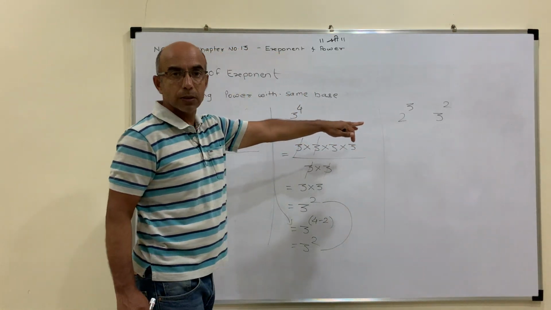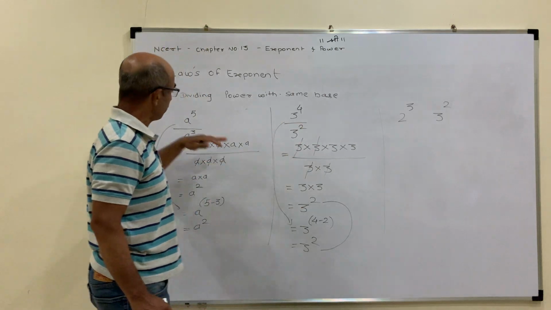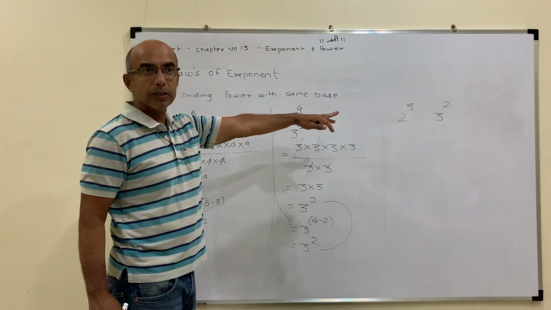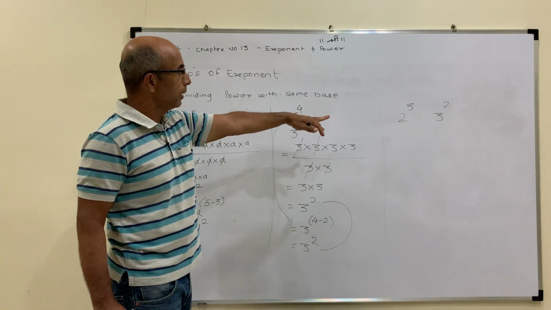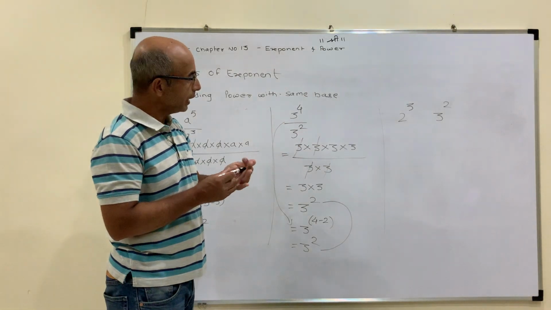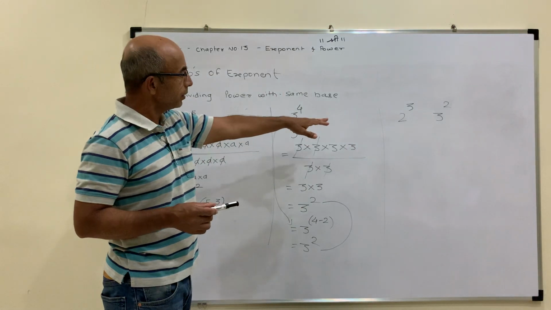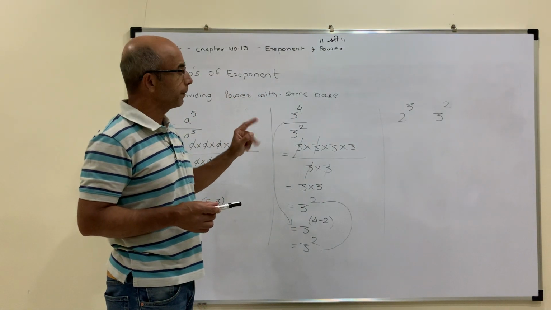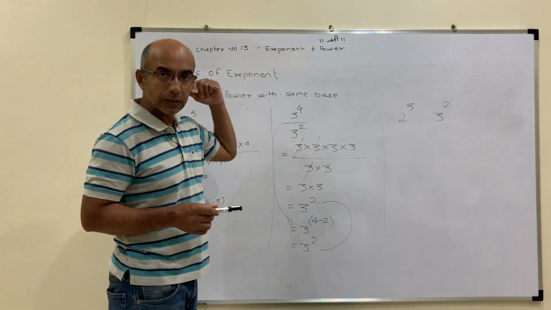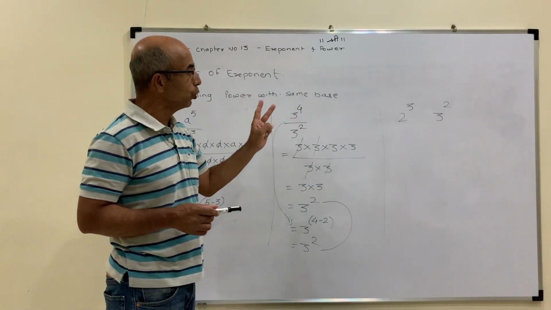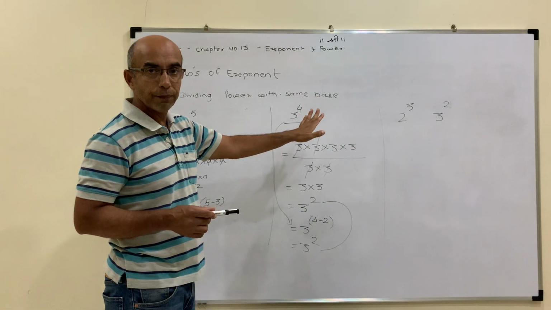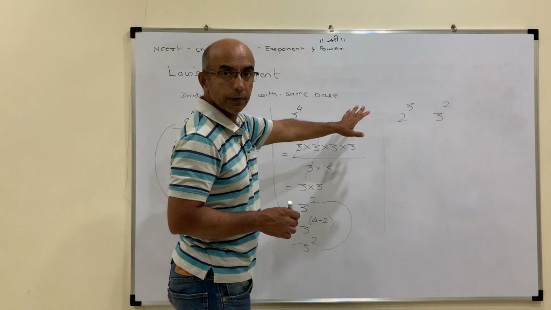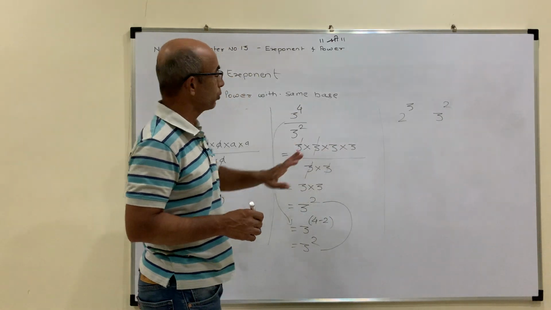Neither multiplication nor division with the rule which we studied today can be used for this kind of exponent number. 2 raised to 3 is different from 3 raised to 2. Here in 2 raised to 3, the base is 2 and the power is 3. In the other case, the base is 3 and the power is 2. So you have to simplify, find the numbers and do the multiplication or division, whatever it is, between these two exponent numbers.